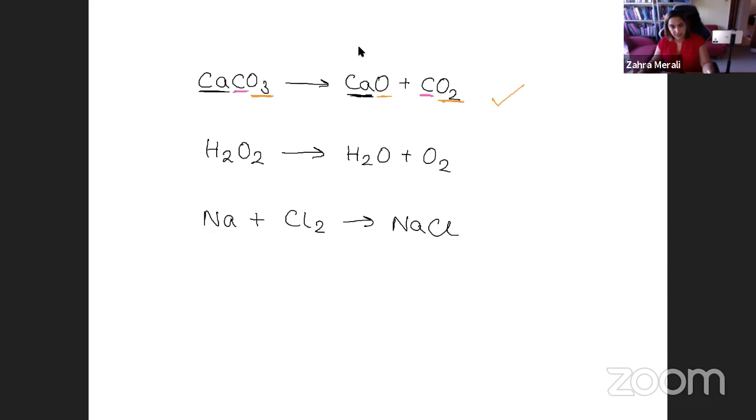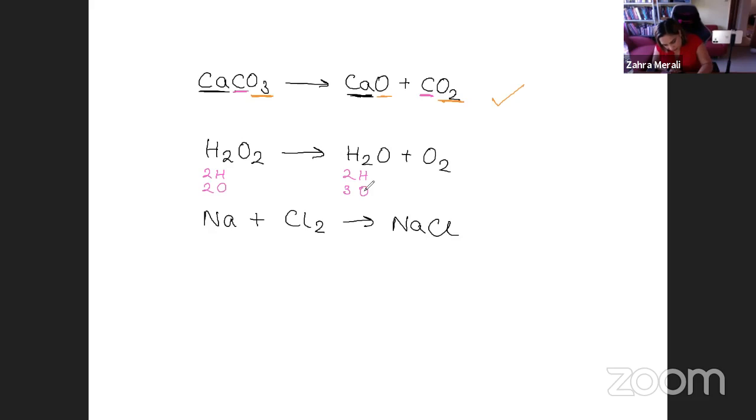On the left-hand side, hydrogen, well, I've got 2 H's here and I've got 2 oxygens here. On this side, I've got 2 H's, that's good, but I've got 3 oxygens, so it's not balanced. So I have to say, okay, what can I do to sort that out? I need to get more oxygens.